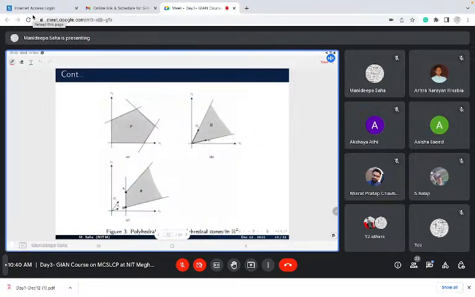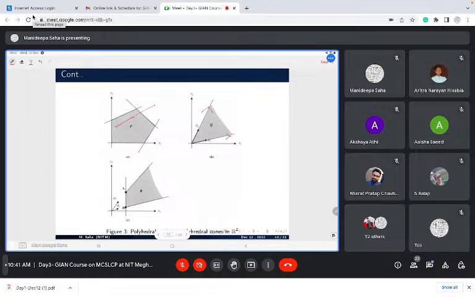In R3 there are a few examples of polyhedral and non-polyhedral cones. If we consider the first one, this is not a cone because it is infinite; it should contain the infinite trace. This second one is an example of a polyhedral cone because it's generated by this vector and this vector.